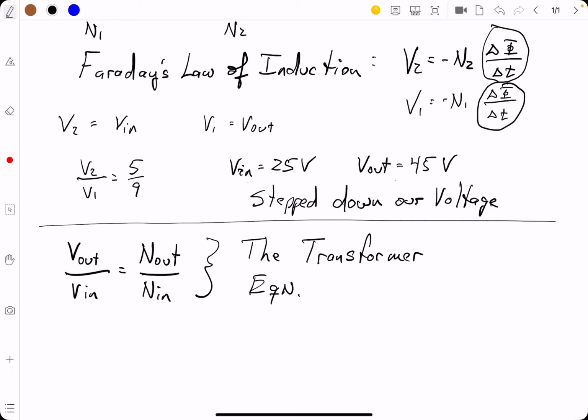So let's just make N out greater than N in. And so then that way V out is greater than V in. So if V out is greater than V in, we have stepped up.